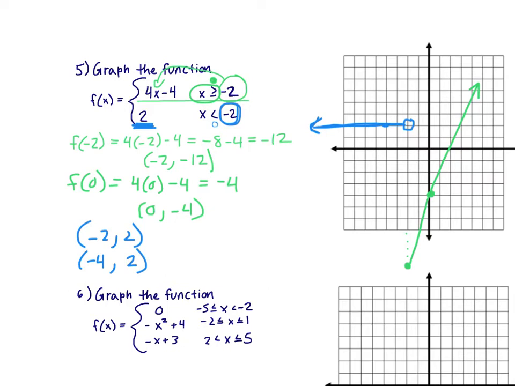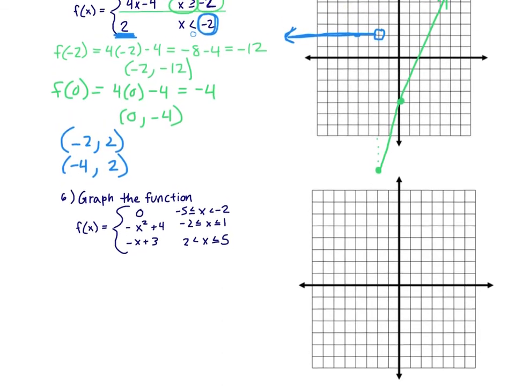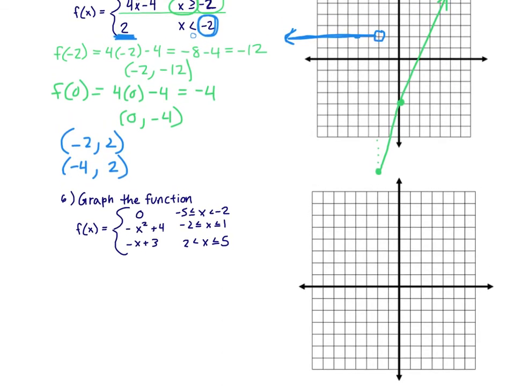All right, ready for number 6? Number 6, we're doing the same thing. Here we see that y is 0 from when x is -5 to -2.